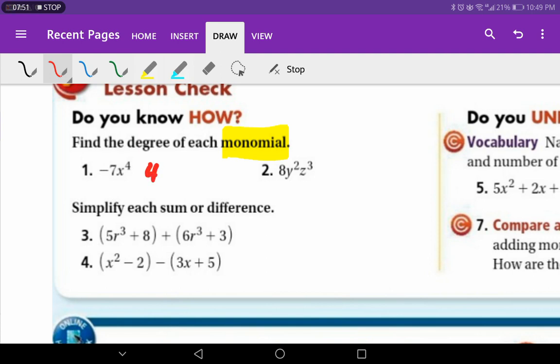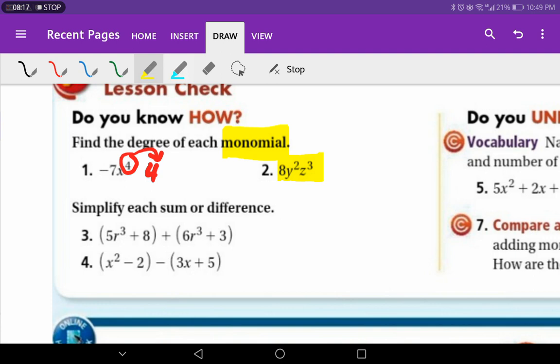How do you know, teacher? Exactly, I add the power of each variable. How many variables do I have here? I have only x. What is the power of x? It's 4. So the degree of this monomial is 4. Here, what is the degree of this monomial? You see, this is one term.